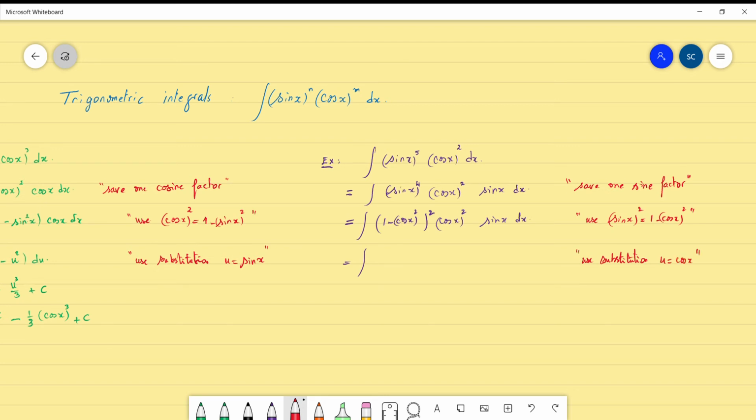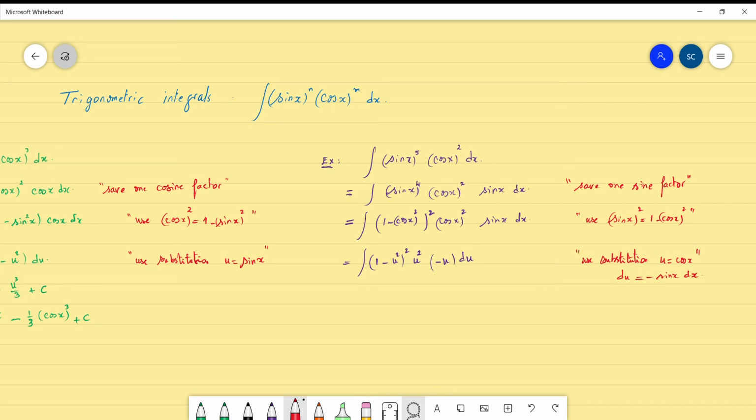Then I will get 1 minus u squared, squared, u squared, and du is minus sine x dx.